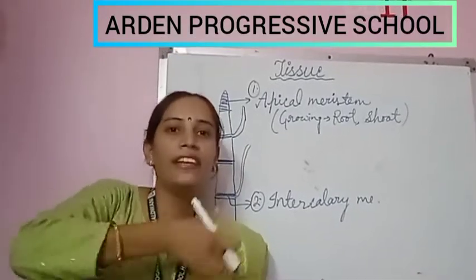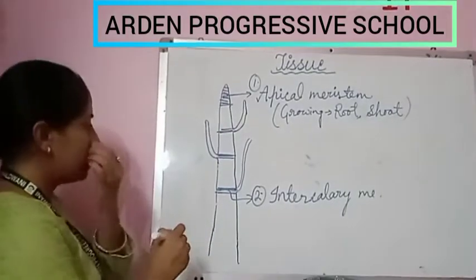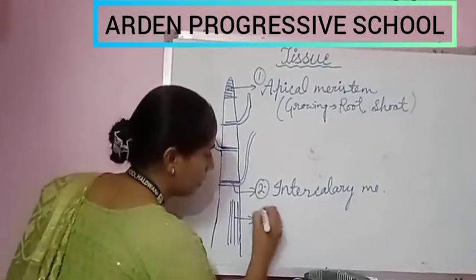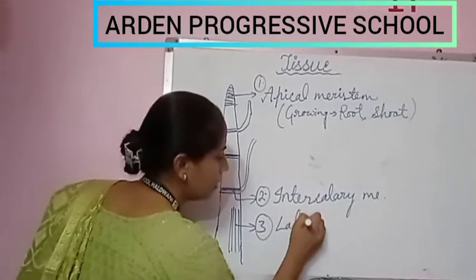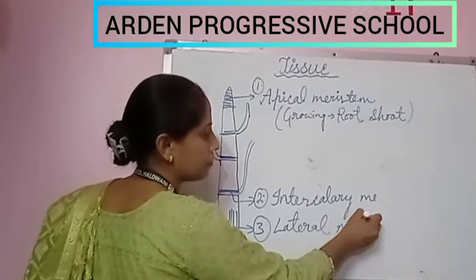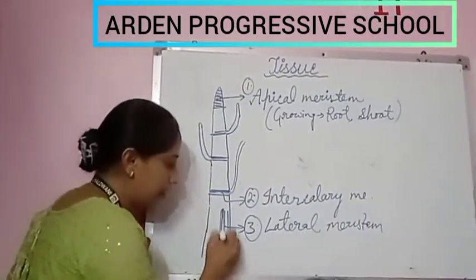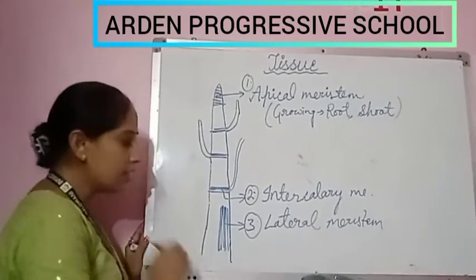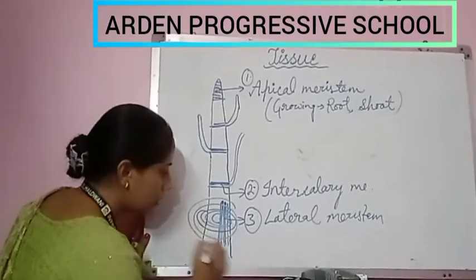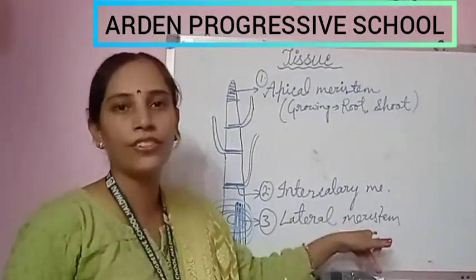The increase in girth takes place due to the presence of lateral meristem. The lateral meristem is present in this way, on the side of the branch. It increases the girth in this way.